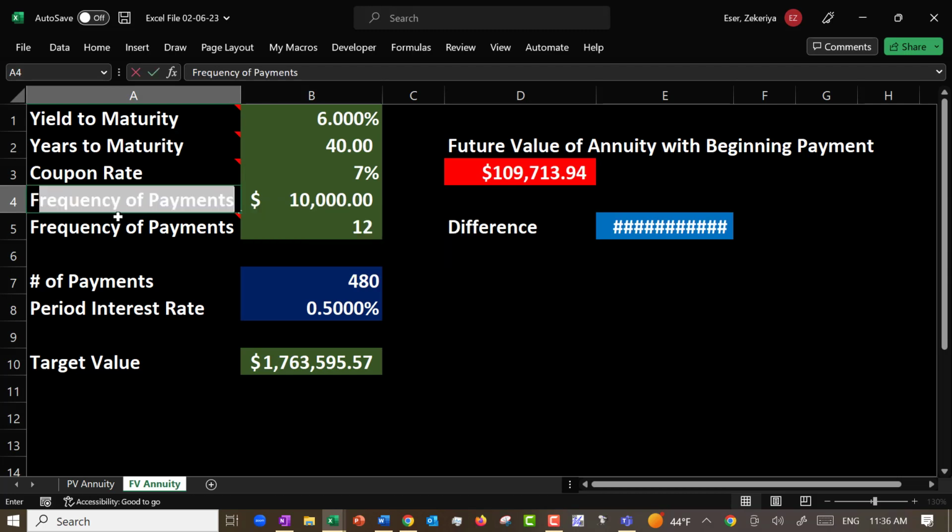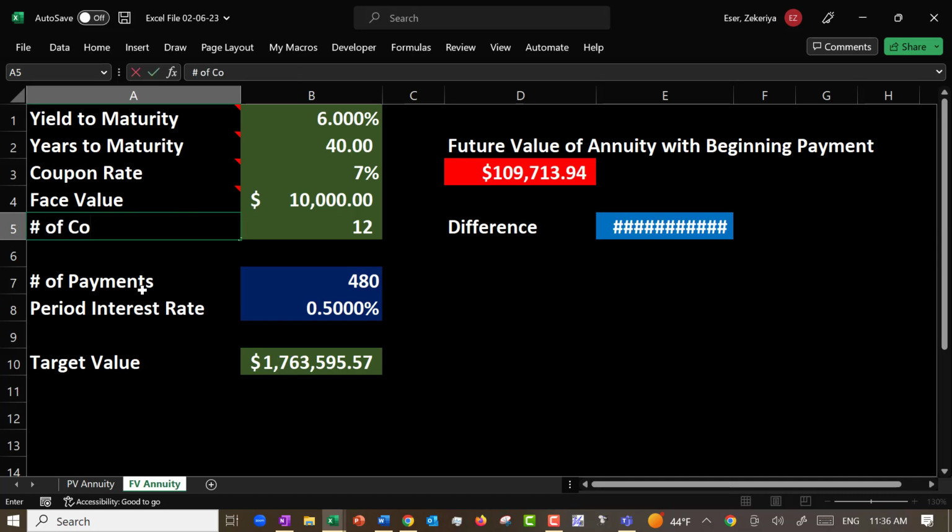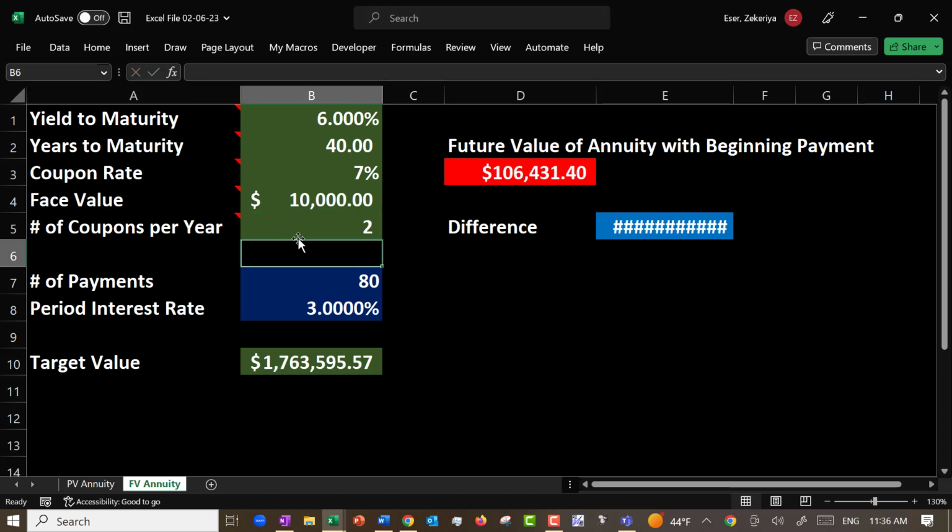And this is number of coupons per year. So let's put in a 2. I'm going to change the formulas, but well, let's calculate the number of payments first. Years to maturity times coupons per year. Period interest rate is the same. Yield to maturity divided by coupons per year.